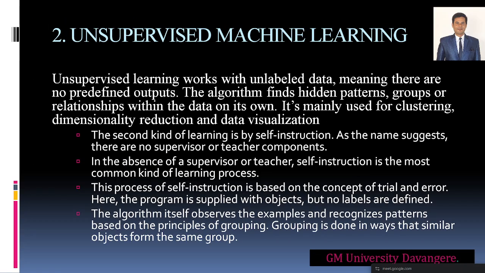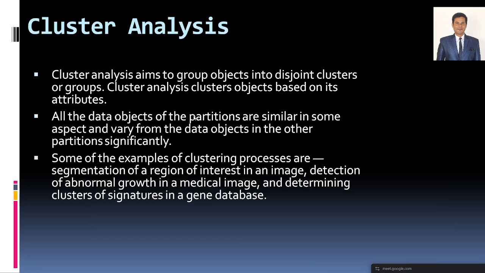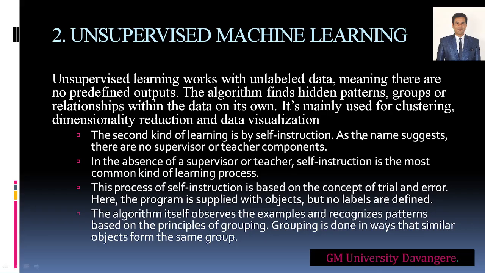So, unsupervised learning. We'll see how the clustering happens in unsupervised learning. In unsupervised learning, we use clustering, dimensionality reduction and data visualization. So that is what we'll see, how clustering can be made in unsupervised learning.